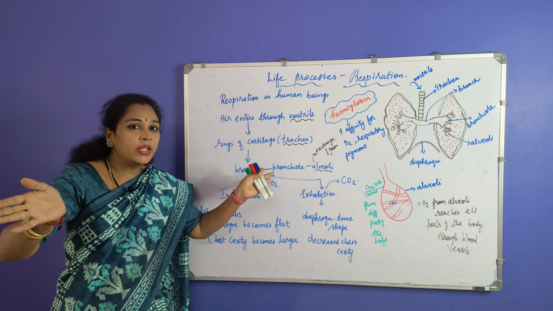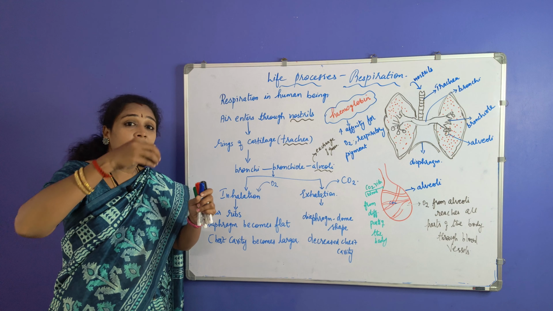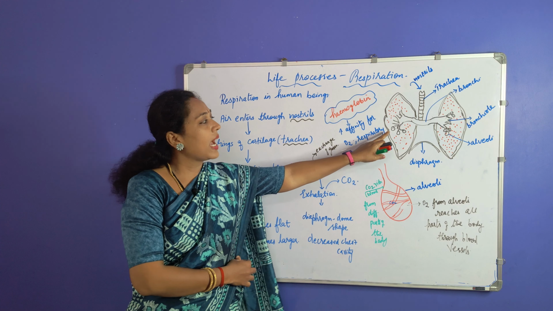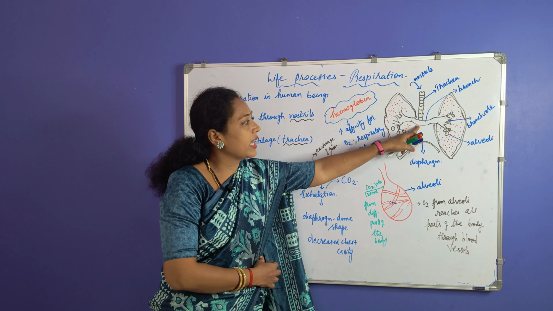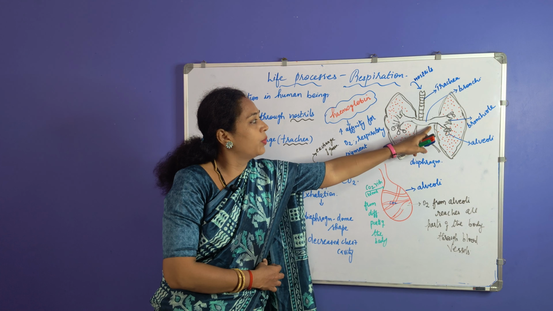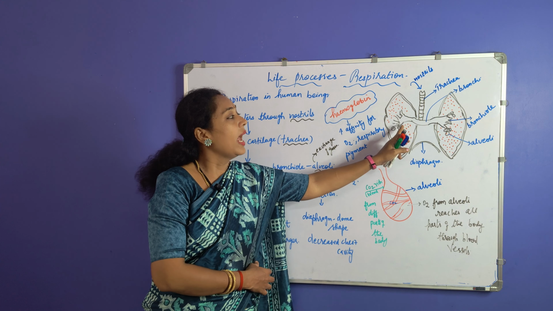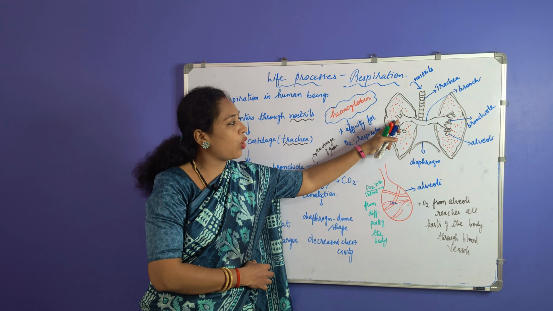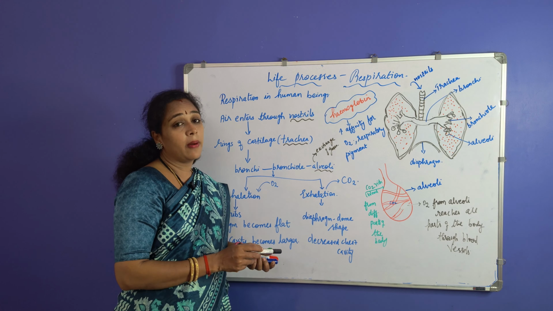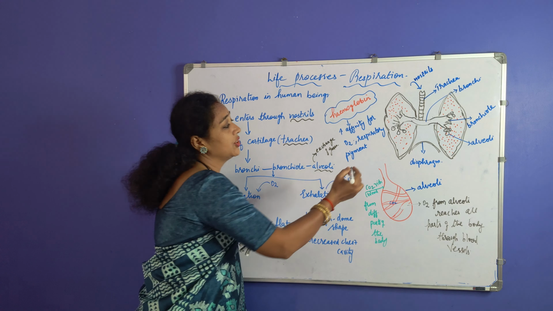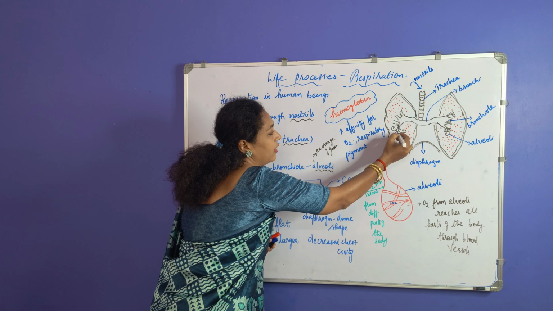So each one enters into each lung, and the bronchi further divide into tiny branches called bronchioles. This is the trachea, and the trachea divides into two bronchi entering into each lung, and then the bronchi further divide into bronchioles and lead into tiny air sacs. These clusters of air sacs are called alveoli.